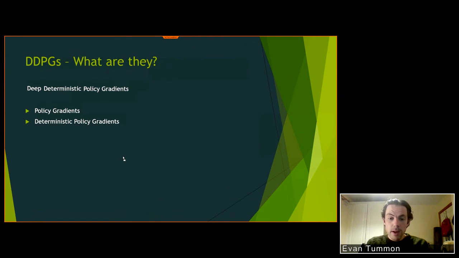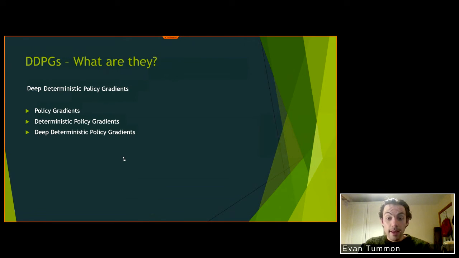So deterministic policy gradients also bring in the concept of an actor and critic network, where the actor predicts the deterministic value of the action and the critic rates this value. And finally, an extension of deterministic policy gradients is deep deterministic policy gradients. And basically, what DDPGs do is they add a neural network to the deterministic policy gradient to allow for the consumption of a lot more data.